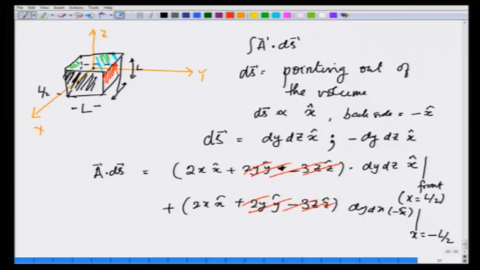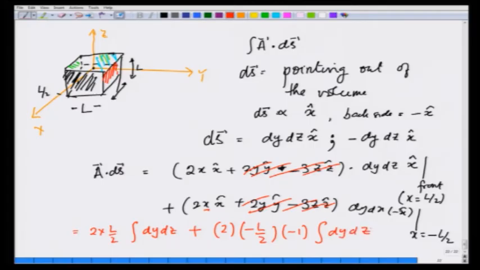X is L by 2. So, what you are going to get is 2 times L by 2 times integral dy dz, which is nothing but the area of the surface, plus 2 times minus L by 2, because on the back surface x is minus L by 2, and x and minus x give you another minus sign, integral dy dz, which is also the area.